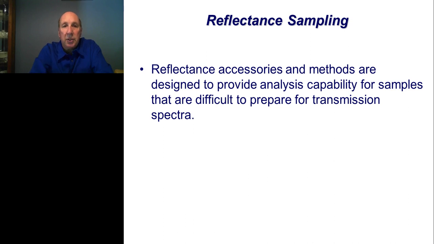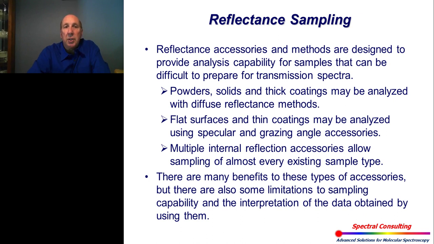So reflectance accessories and methods are designed to provide analysis capability for lots of samples that are difficult to prepare for transmission spectra, or for reliability or speed of collection, we use these accessories. So reflection accessories and methods provide analysis for powders, solids, and thick coatings that can be analyzed with diffuse reflectance.